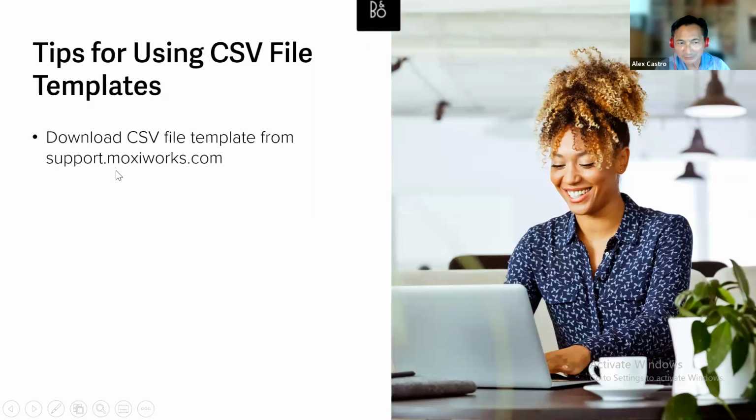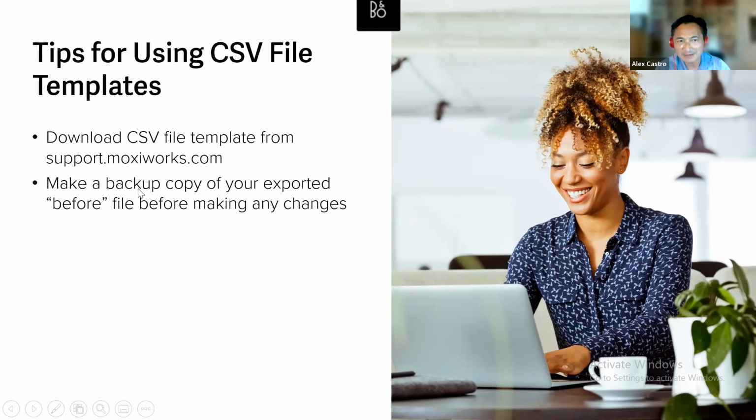Okay, so here we go. Some tips for using the CSV file: download it from there, and make a backup copy before you start making changes. Always back up different iterations. Some people say, okay, here's my database, my export from whatever system, Zap, Top Producer, a Buffini database, whatever that is.